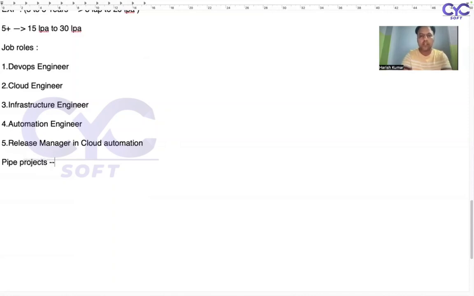It will be hands-on experience for you, because if you take good pipeline code and pipeline projects, definitely it will be very useful for your career.